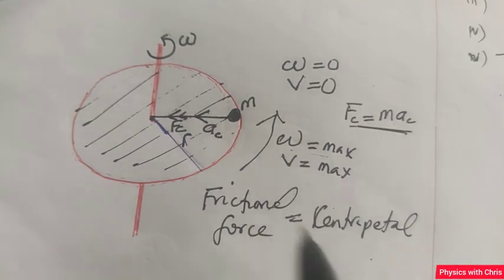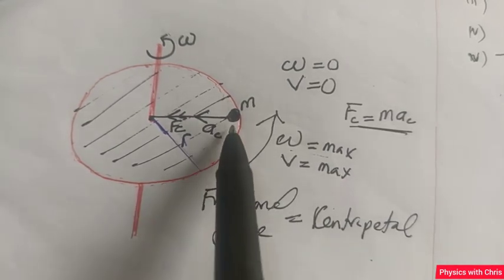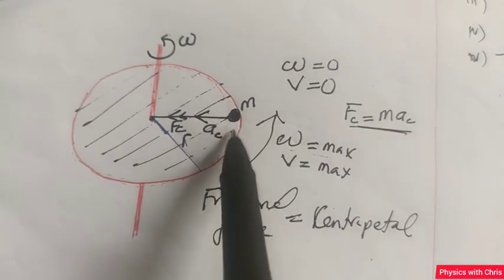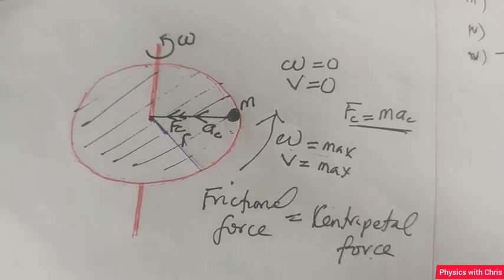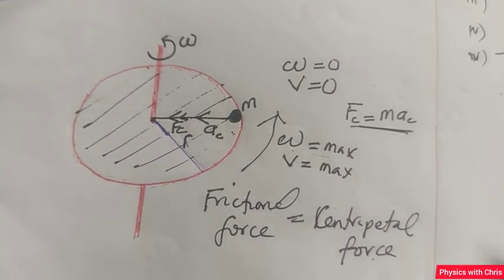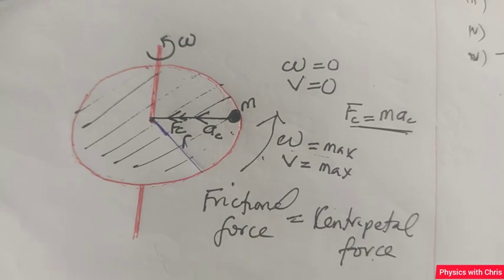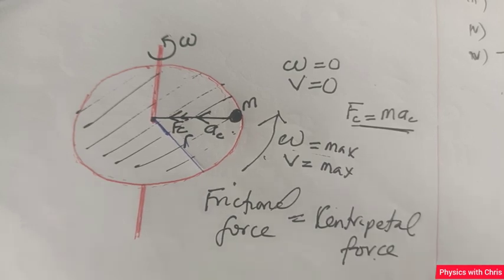So the frictional force between the mass and the turntable provides the centripetal force. That means if there's a particular speed at which this is rotated, what happens to this mass? It flies off the surface of the turntable. It may be because the frictional force is not enough to provide the centripetal force.